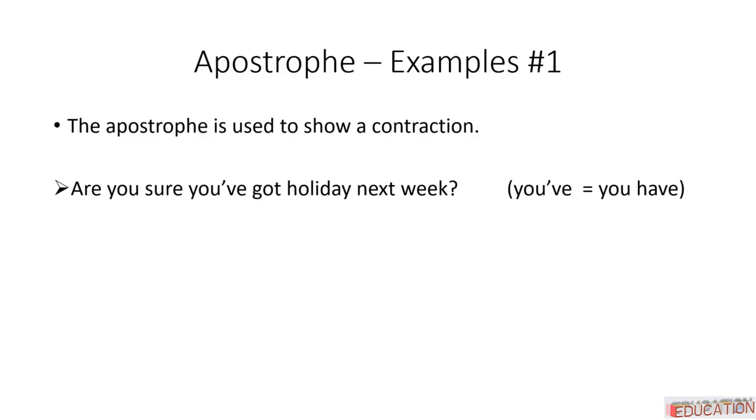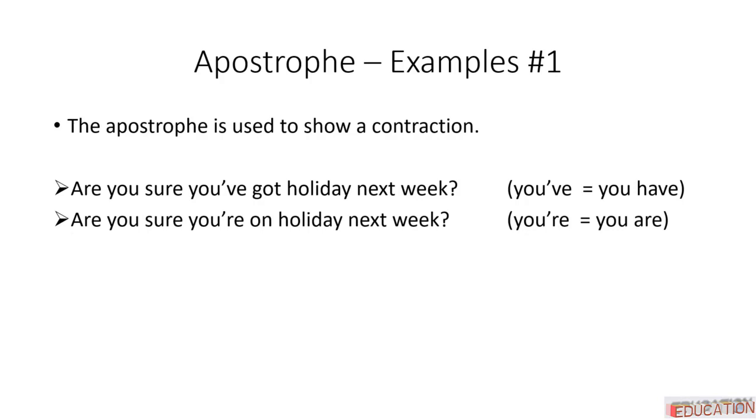Now, there are several things to note here. Firstly, there's no space around it, as in "you've," it's just like one word, even though "you have" is two words with a space. And secondly, it's not one apostrophe per letter that's been removed. It's just one apostrophe to show the place where a letter or some letters have been removed. Are you sure you're on holiday next week?